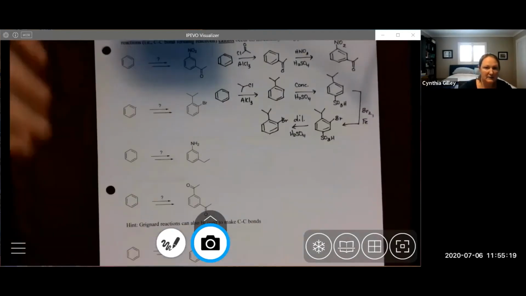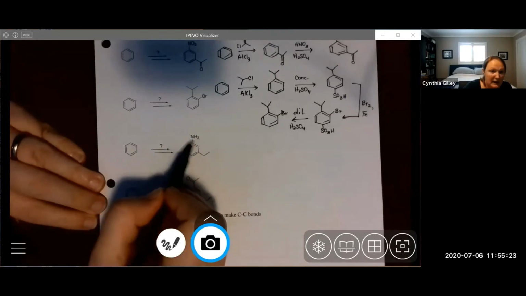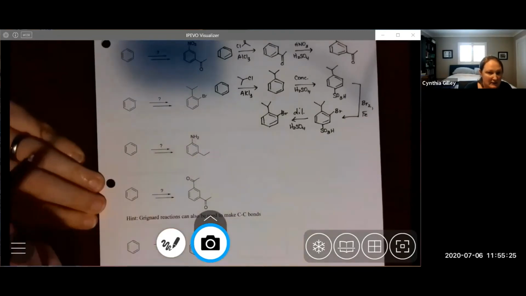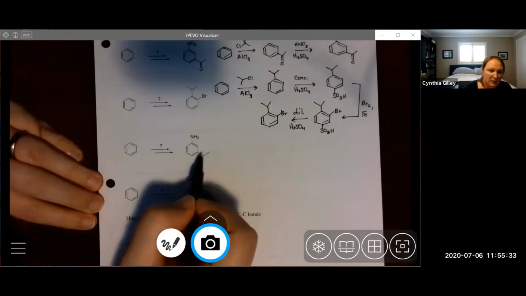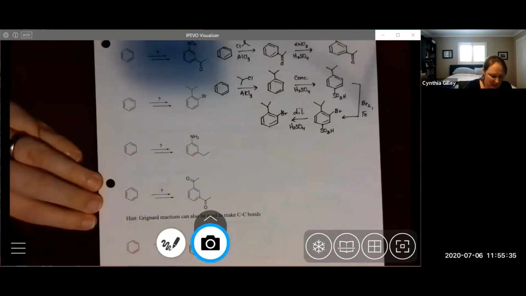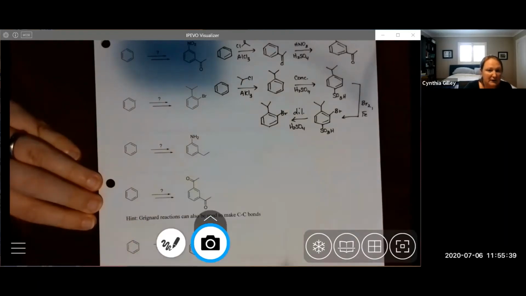Okay, for the next one, right now we have an amino group. The only way to get an amino group is to introduce a nitro and then reduce it. Okay? And we have this alkyl group. To get the alkyl group, we either could have done a Friedel-Crafts alkylation or possibly a Friedel-Crafts acylation followed by reduction.